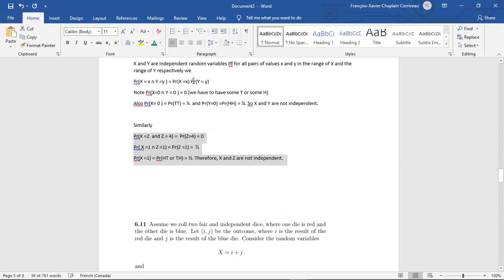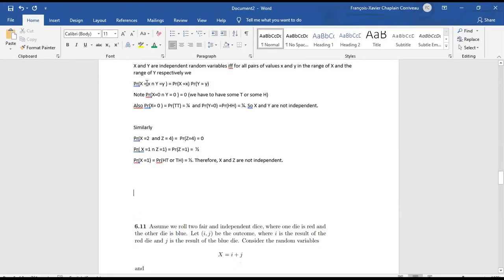It's just I did not rewrite the definition. That's it. So the principle is we found two values such that these products are not equal, right? This right hand side is not equal to the left hand side.